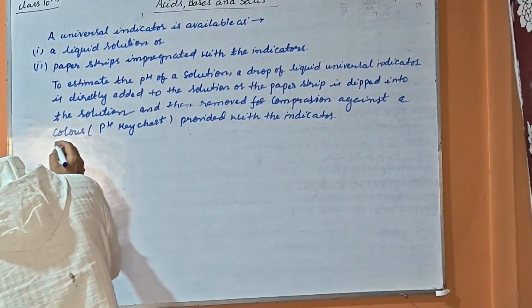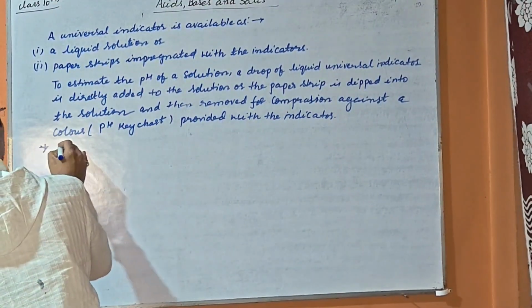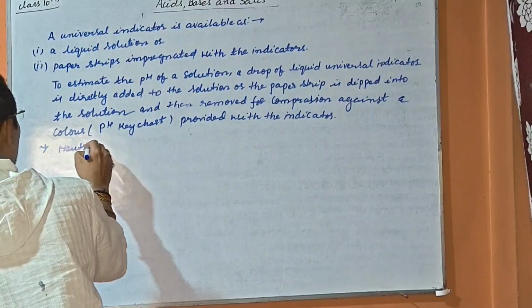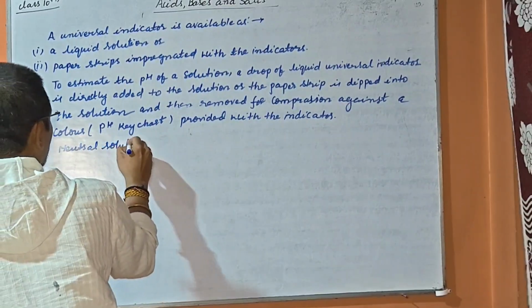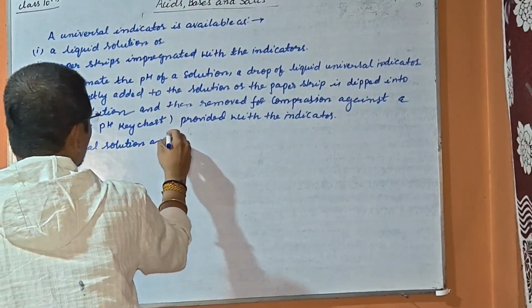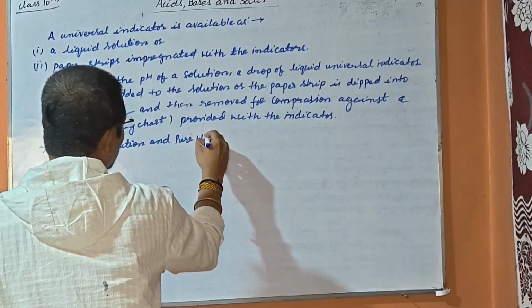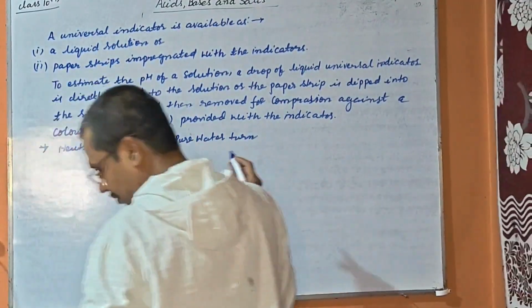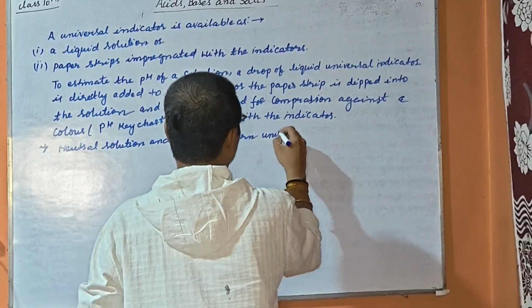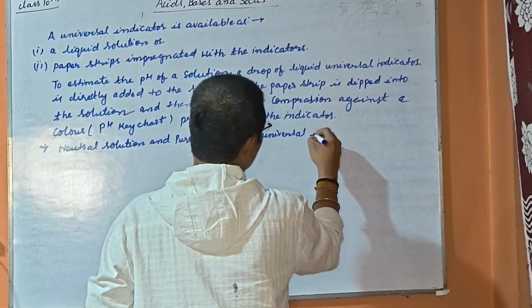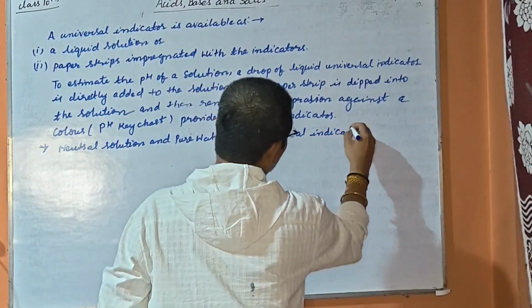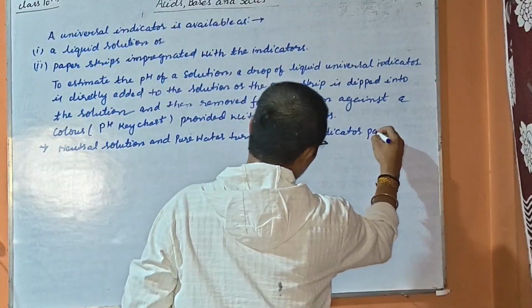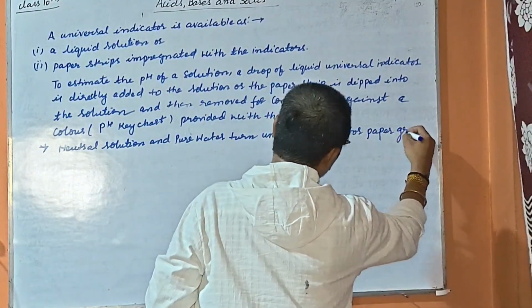Neutral solution and pure water turn universal indicator paper green. We already wrote this in the table, but as a conclusion I am going to write it here.